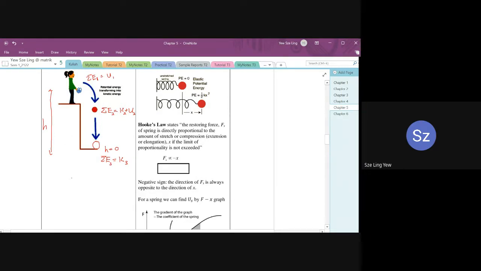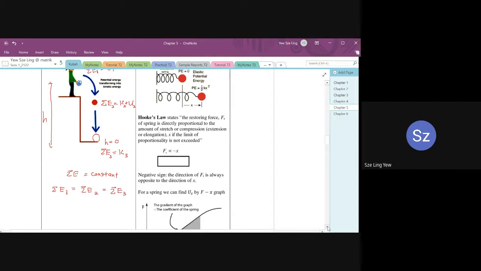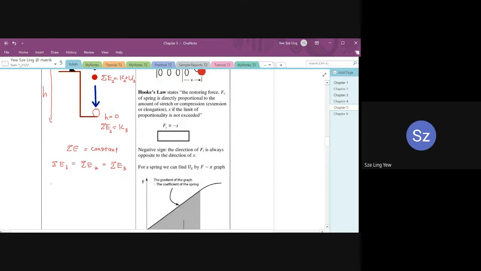Therefore, we say summation E is a constant value, which carries the meaning that summation E at position 1 is equal to summation E at position 2, which is equal to summation E at position 3. So if you expand this equation, it's actually U1 equals U2 plus K2 equals K3, right?